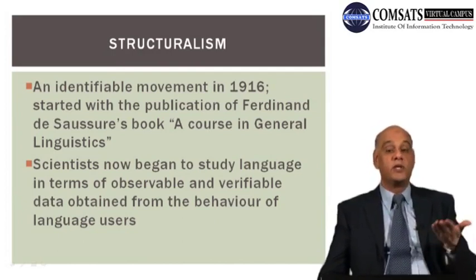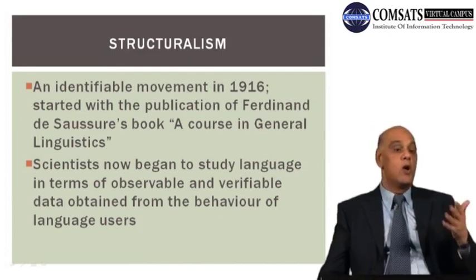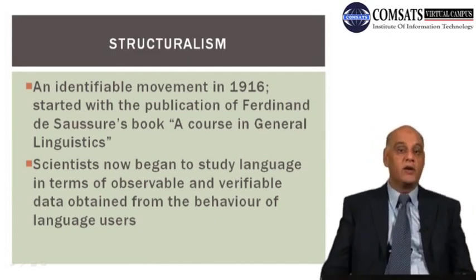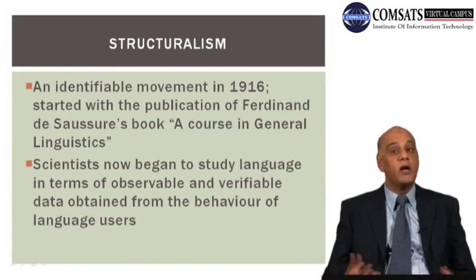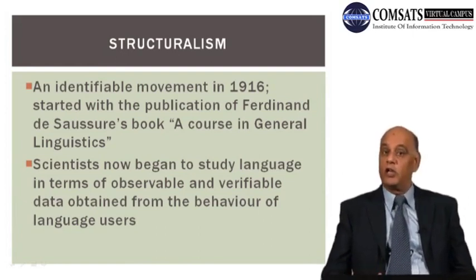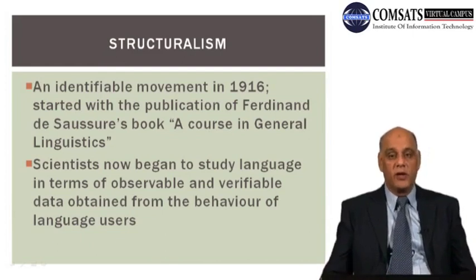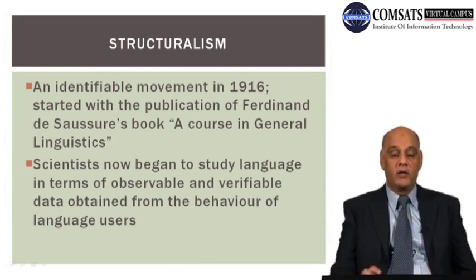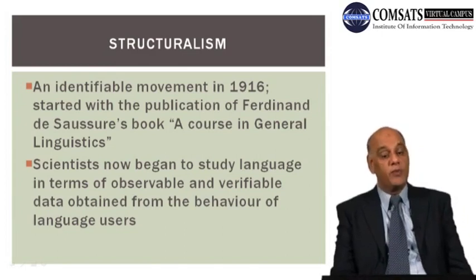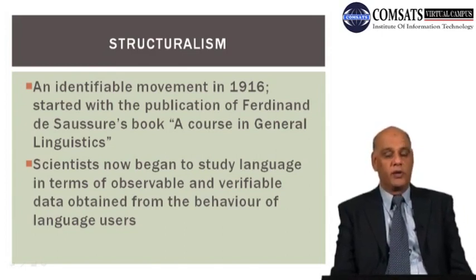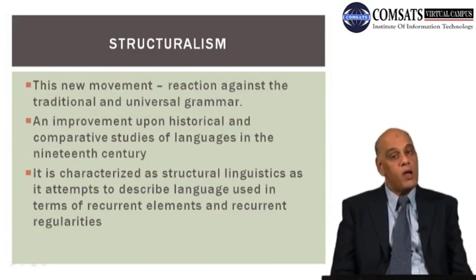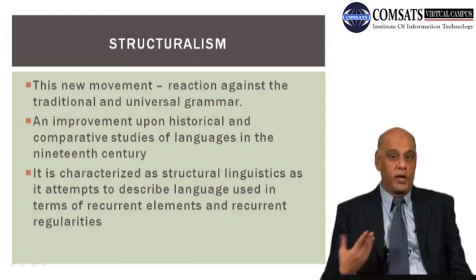There was no hidden consideration, they were not talking about a hidden grammar or the internal processes of the mind. They were talking about the facts which were observed, which could be verified through data. Now let's see how they studied this data and what they had in their mind.